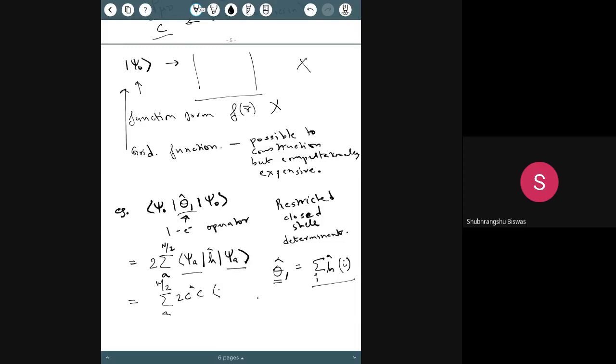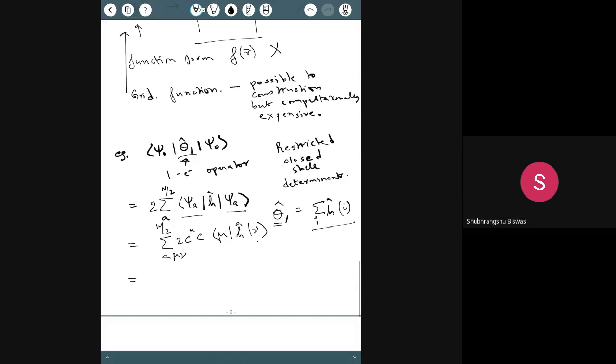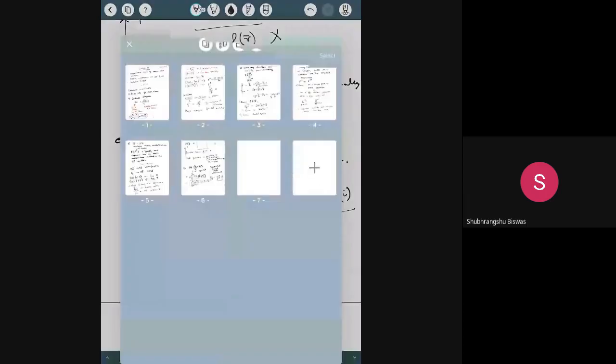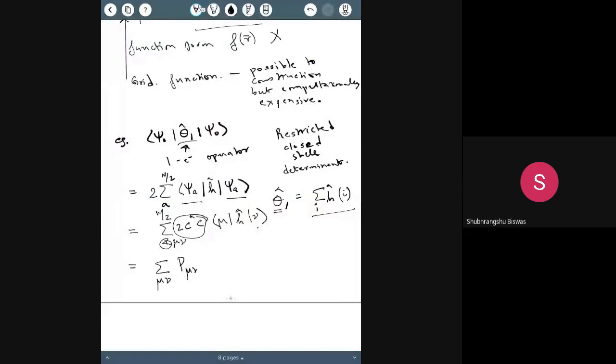Then mu H nu, but this is the AO basis, and I sum this over A like we have always been doing. And I get the sum over mu nu, P mu nu, or P nu mu, times mu H nu.